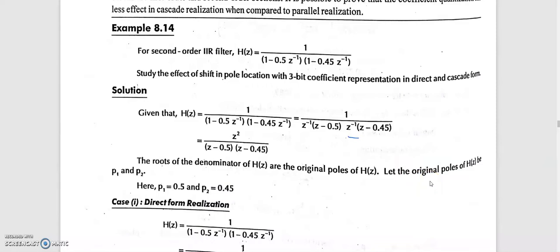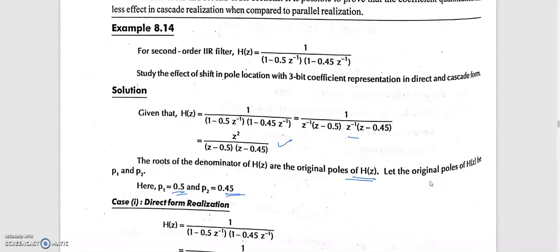The z raised to minus 1 into z raised to minus 1 creates z raised to minus 2, which is brought on top, so it becomes z squared by (z minus 0.5) into (z minus 0.45). From this we can understand the poles of the original transfer function. They are 0.5 and 0.45.